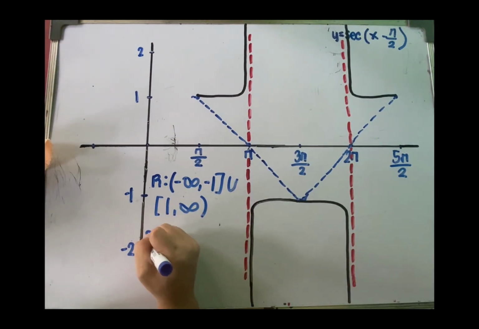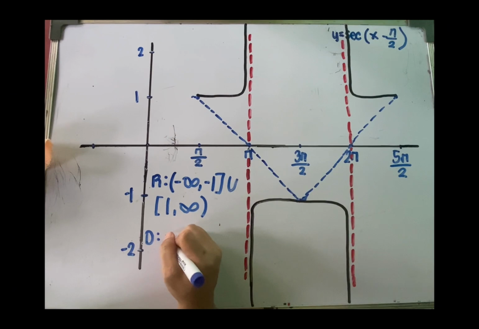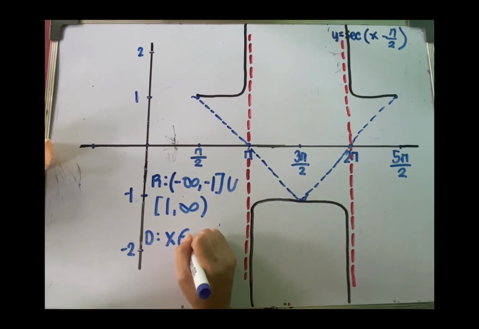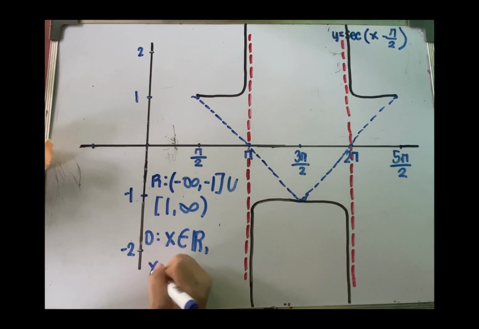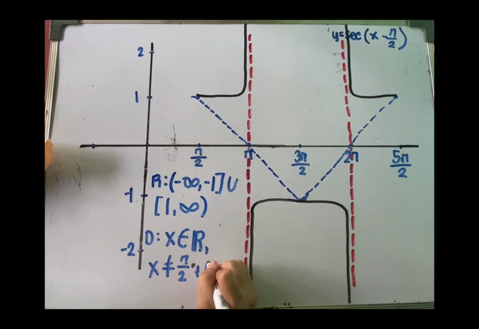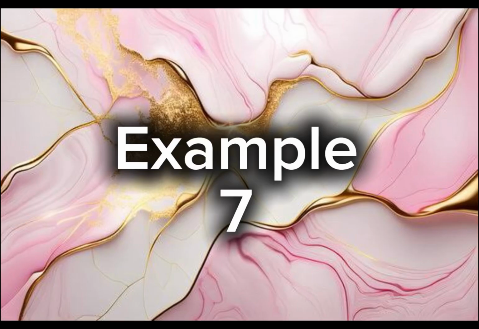And our domain is x an element of real numbers where x is not equal to pi over 2 plus n pi. Now this is our final graph.